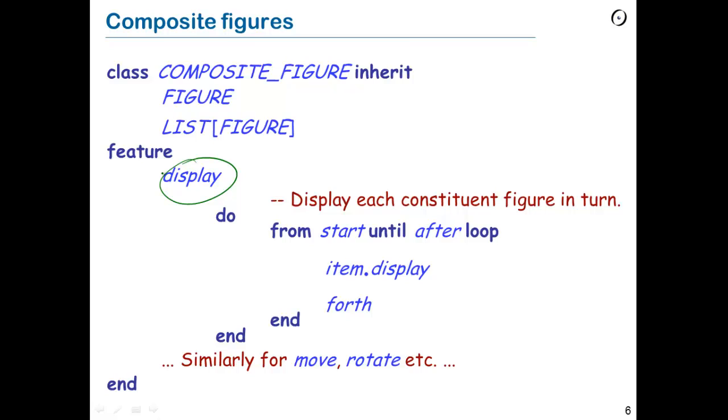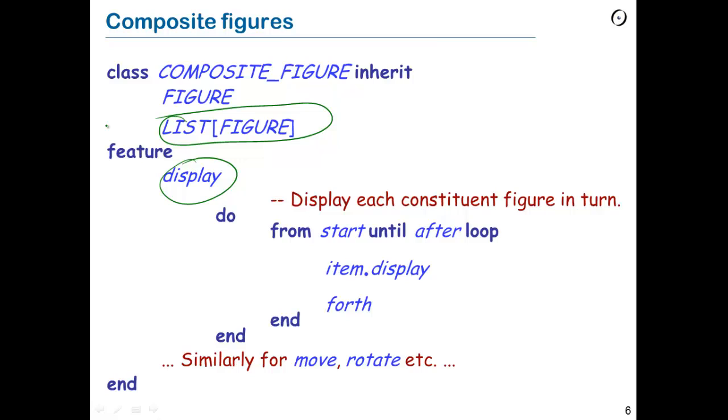So how do we effect display? Well, we have to take the whole list of figures, which we are, because we are a composite figure, and this means that we are also a list of figures.